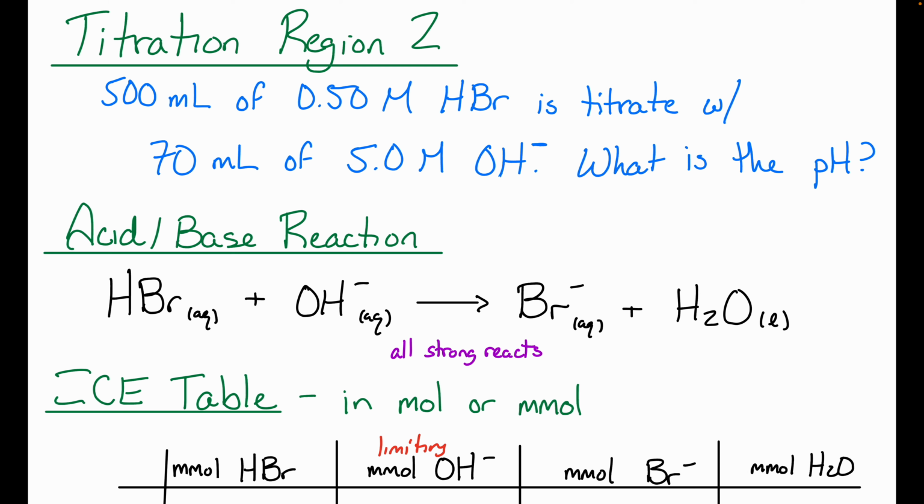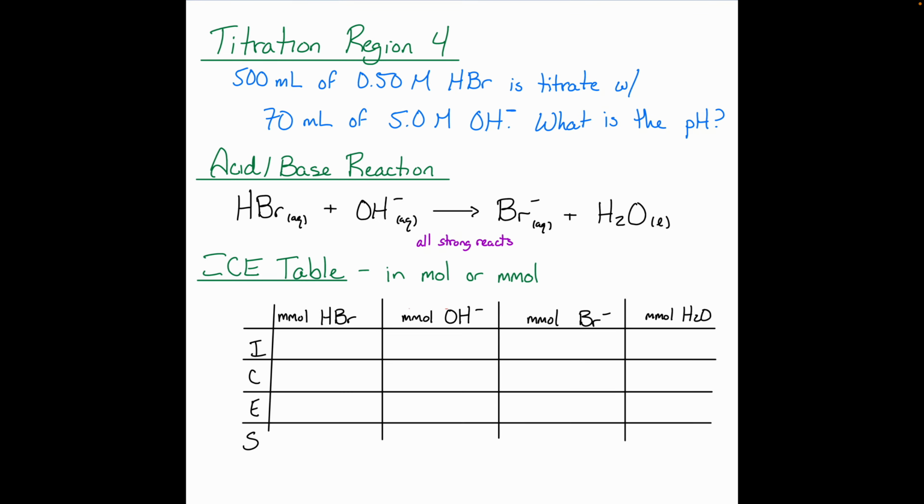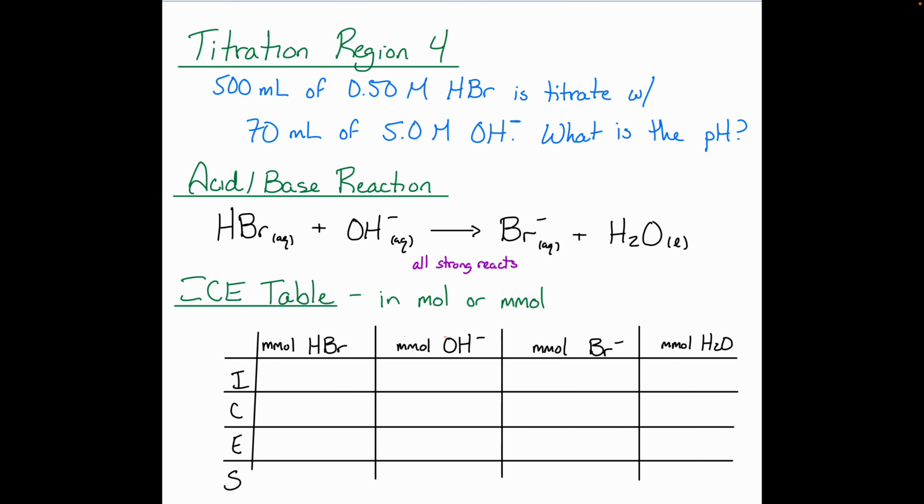So now this is for our titration region 4. I'm going to update this problem and now say we're going to add 70 milliliters. Our chemical reaction is the same. We again are going to need to fill out an ice table in moles. So everybody take a second. I'm going to give you a bit of a head start here. See if you can tell me the pH in this region 4 of our titration curve.